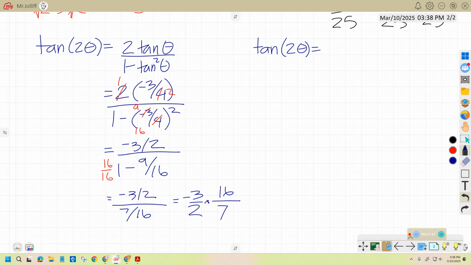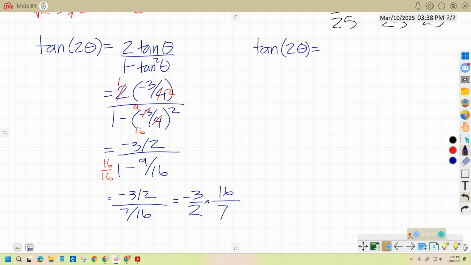Oh, it looks very weird to me. I don't like that. I was reducing because this is basically 2/1. So I have a 2 in the numerator, a 4 in the denominator. I divide numerator and denominator by 2. I get 1 and 2.